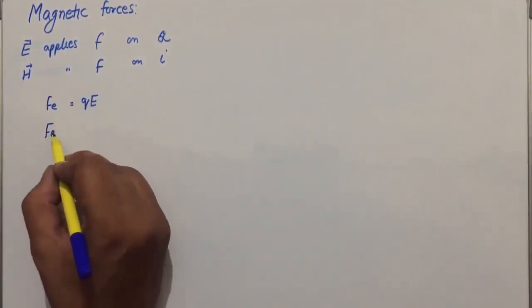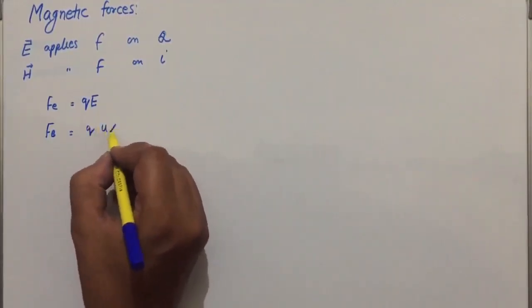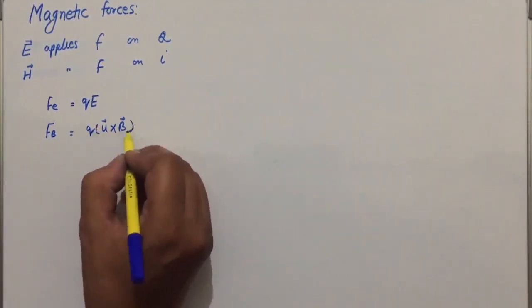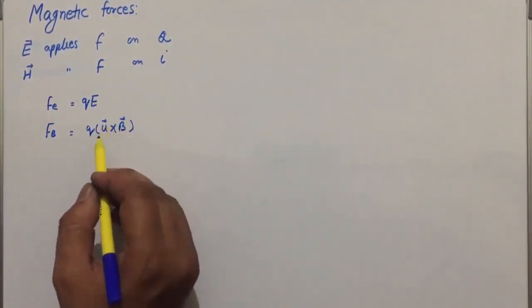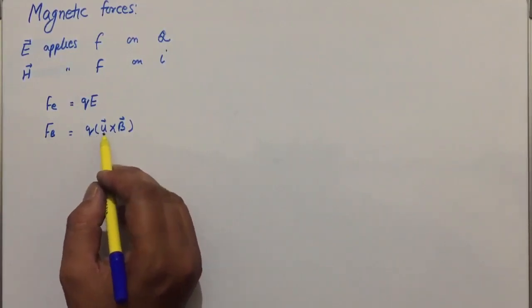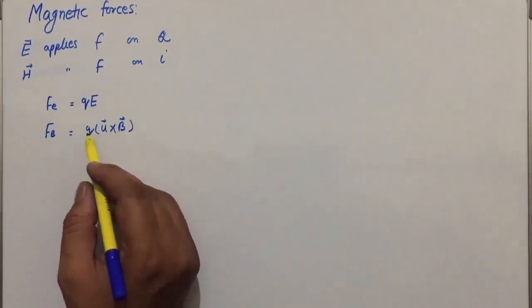And the magnetostatic force is Q U cross B, where Q is the charge, U is the velocity with which it is moving, and B is the magnetic field in which the charge is moving.